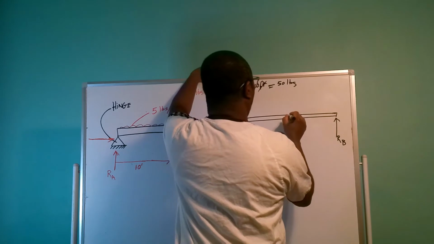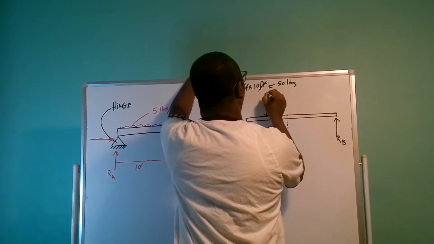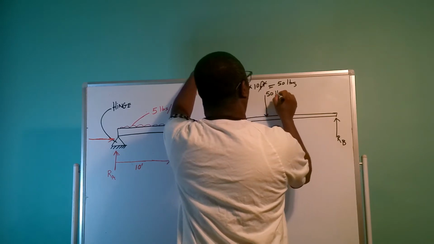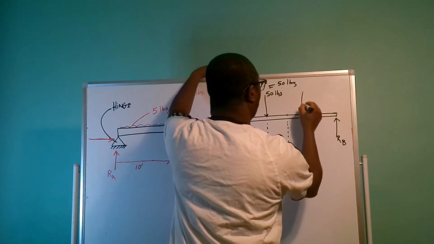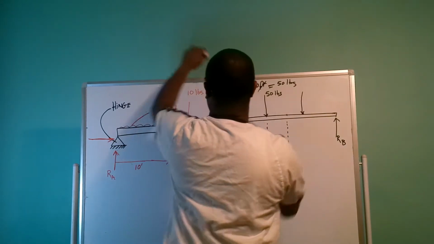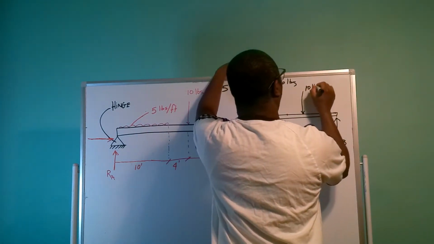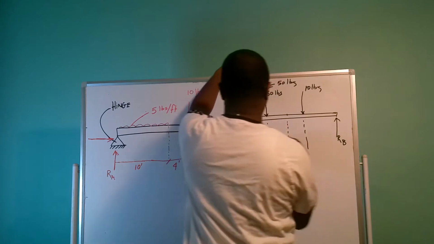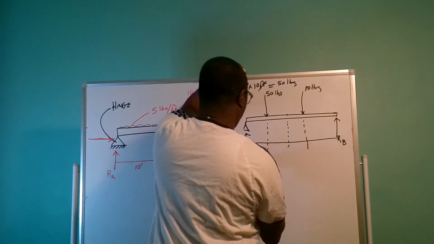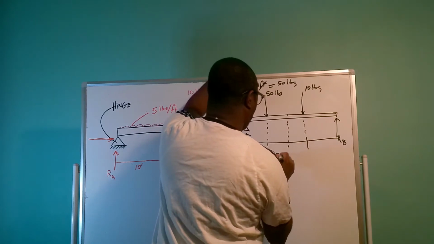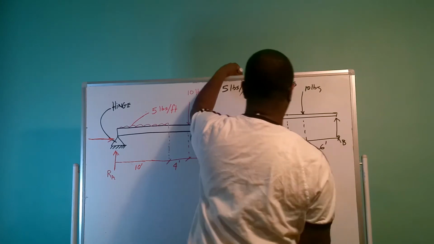So our 50 pounds is going to come at midspan of that 10 feet. And this is of course our 10-pound load. So we're going to have here as 5 feet, this as 5 feet, 4 feet, and 6 feet.